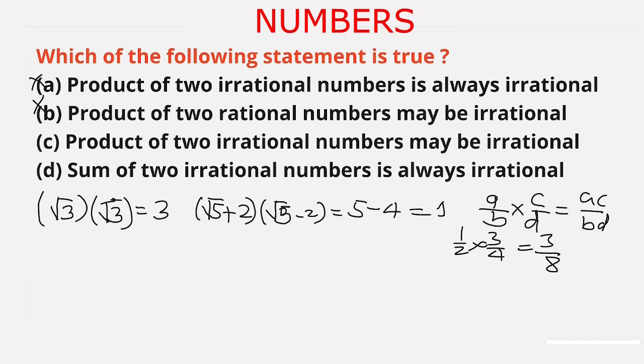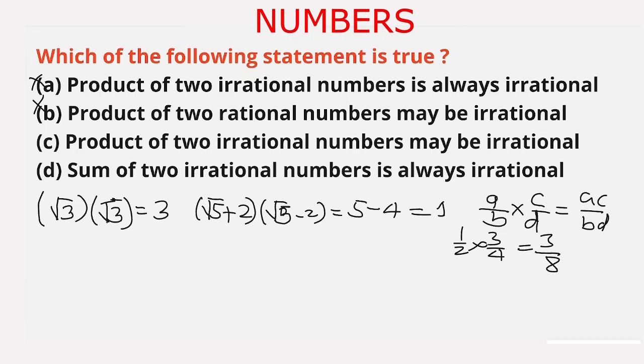Statement C, product of two irrational numbers may be irrational. It means that it may be rational and it may be irrational. From the first examples, root 3 multiplied by root 3 is 3, and root 5 plus 2 into root 5 minus 2 is 5 minus 4 equals 1, which is rational.